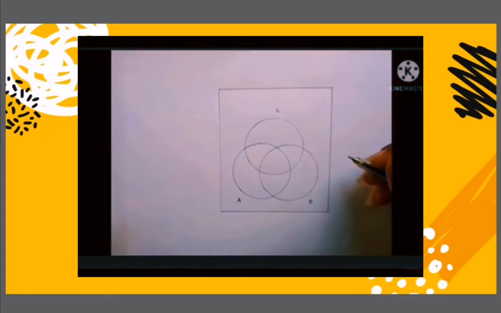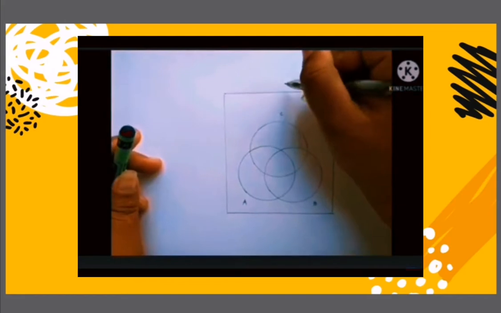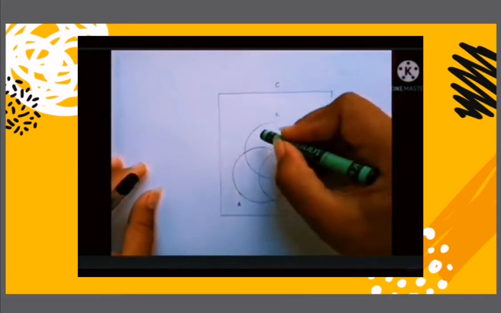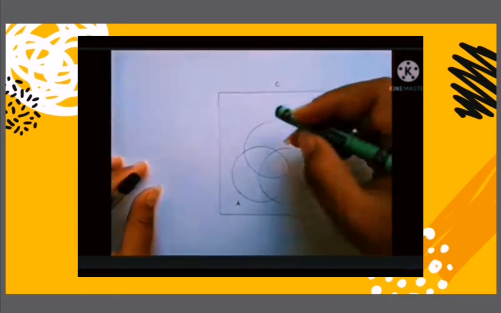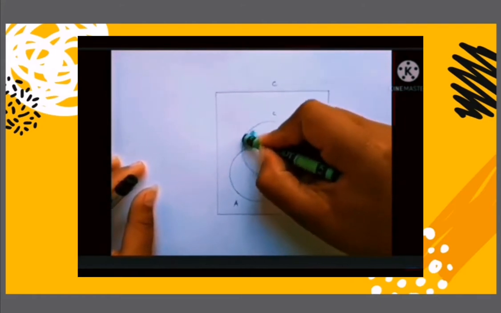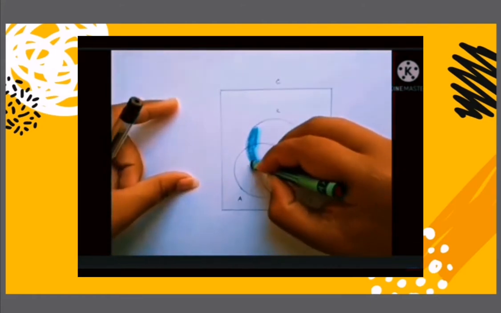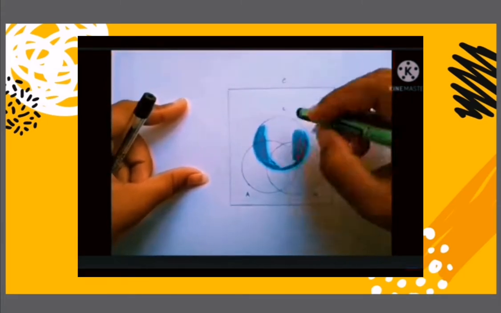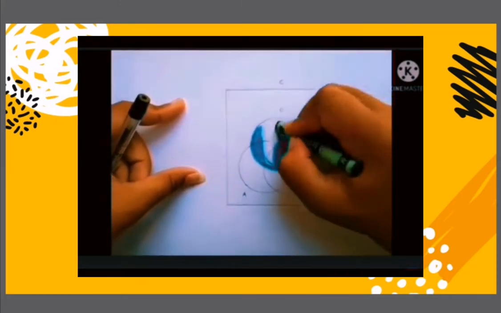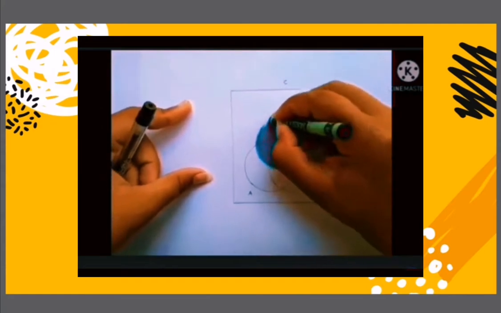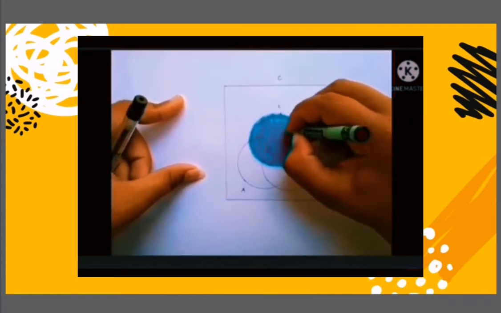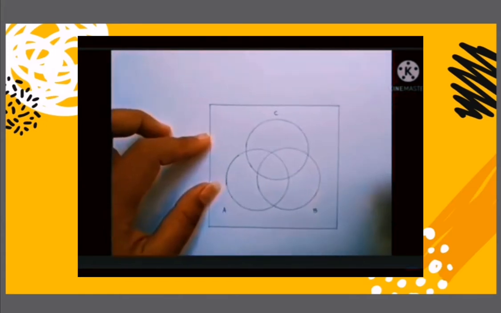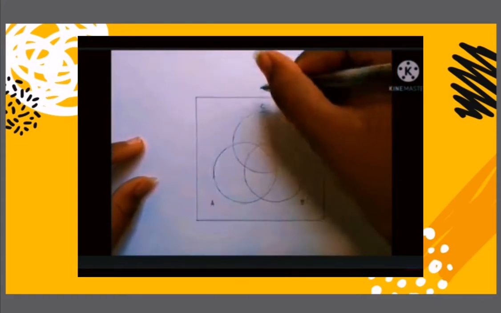Second, we must find set C. In order to know set C, we need to shade only circle C. So this is set C.